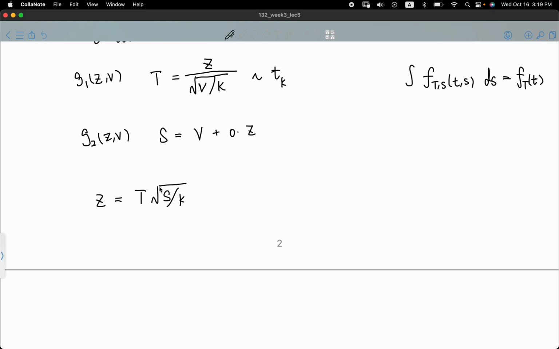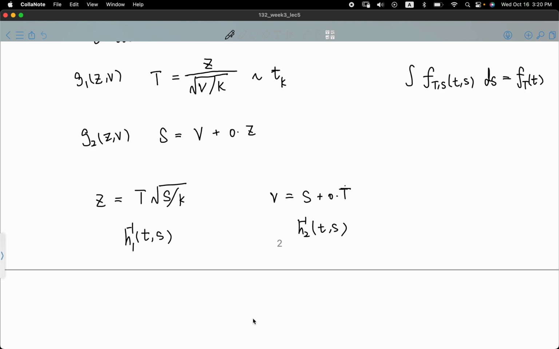So this is your h inverse, only inputting t and s. So g1 takes z and v to give you t or s, and then h inverse takes in t and s and gives you z. And then for v, this is also s, and if you want, plus 0 times t, you can always construct it in the following way. So h2 inverse for t and s.